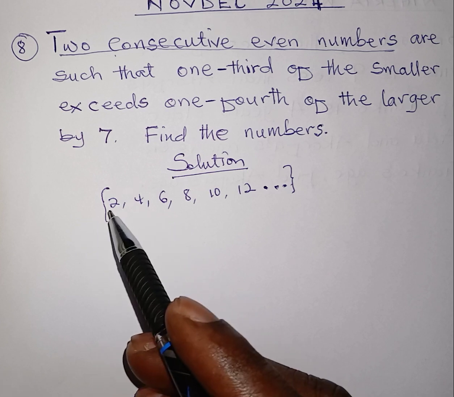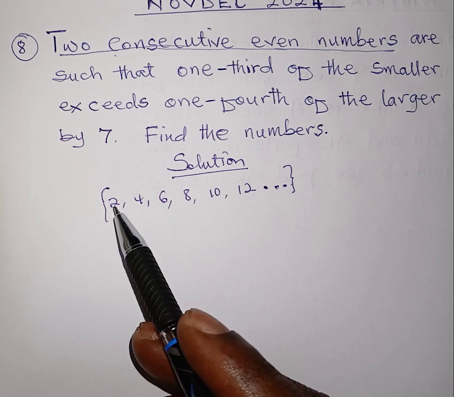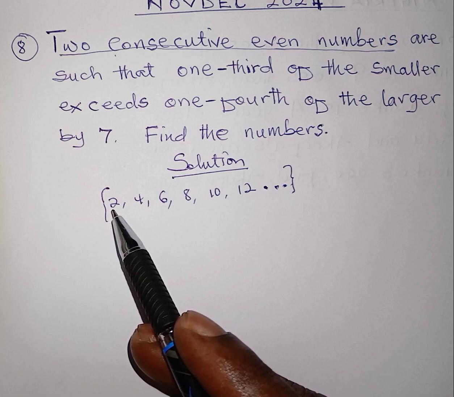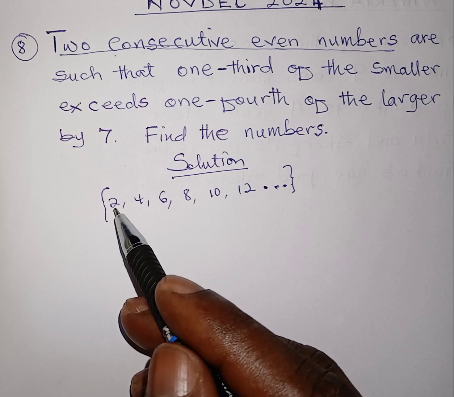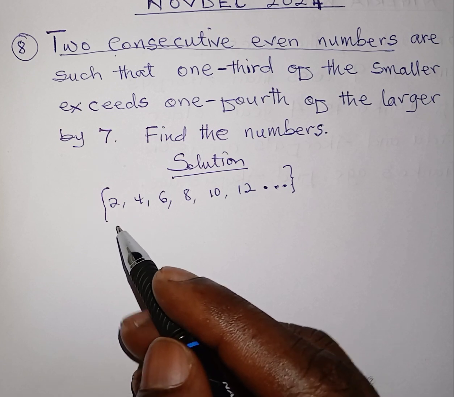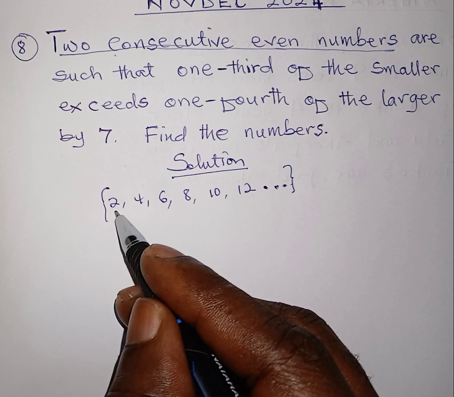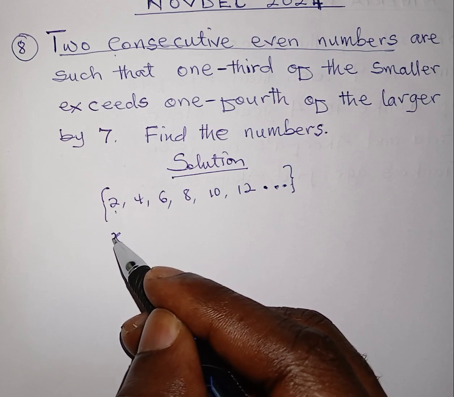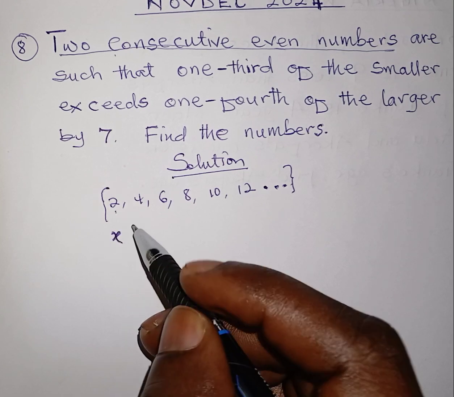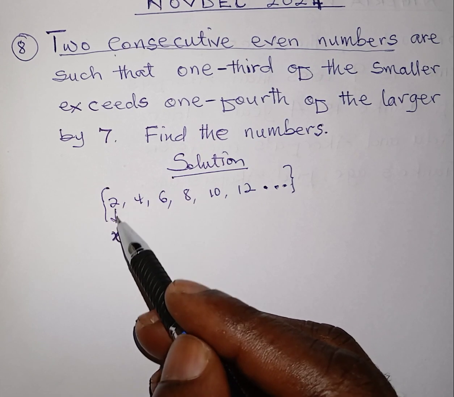So if this is the first even number, which is 2, if I'm to use a letter to represent the first even number, I know you will bear me out that I can use any variable. So I'm using x to represent my 2.